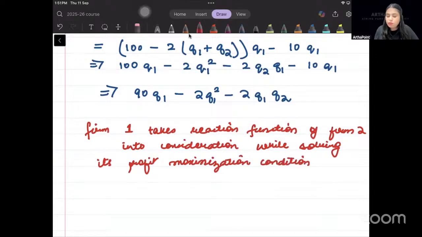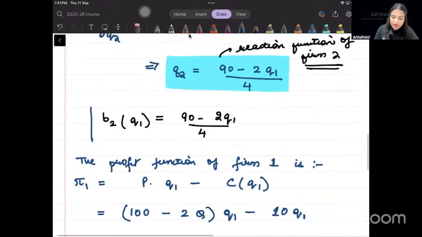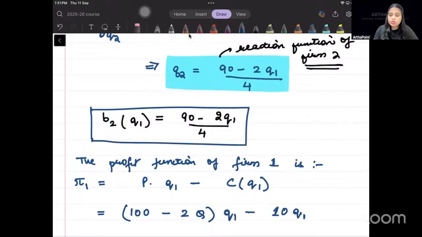While maximizing its profit, firm 1 will plug in the value of Q2, because firm 1 has already induced it. Firm 1 already knows what firm 2's reaction is going to be. So you will go ahead and you will get 90 Q1 minus 2 Q1 square minus 2 Q1. Instead of Q2, I will plug in this best response function. So I will get (90 minus 2 Q1) by 4.